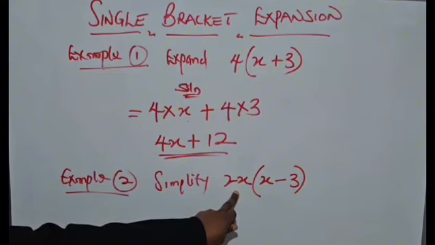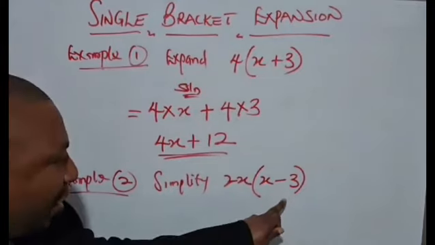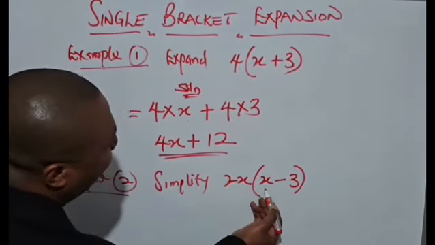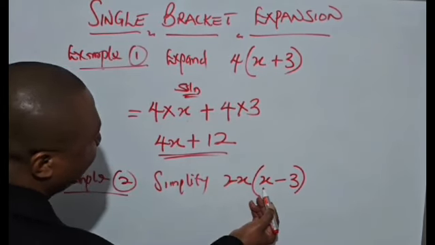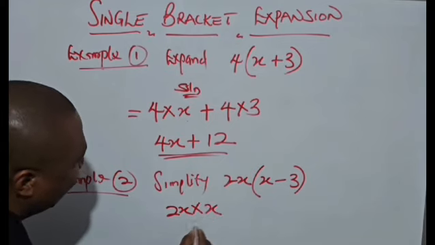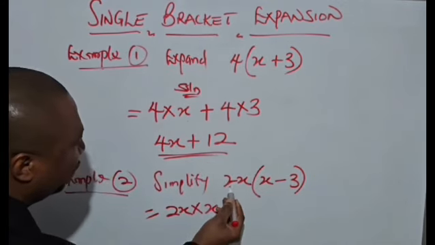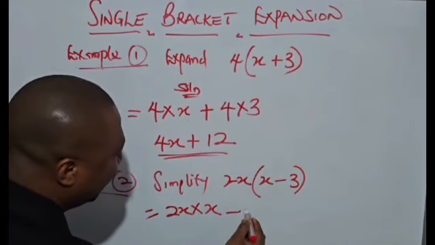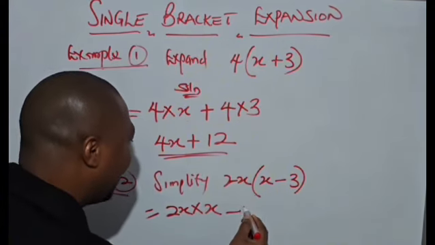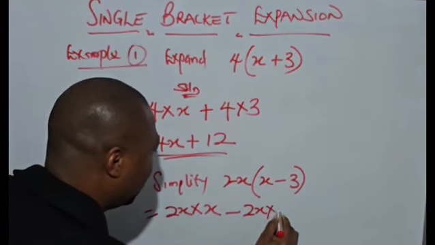Take the number outside the bracket to multiply all the numbers or the variables inside the bracket. So first of all, we'll be using 2s multiplied by s. 2s multiplied by s, that is the first one. Then we're having 2s multiplied by minus 3.